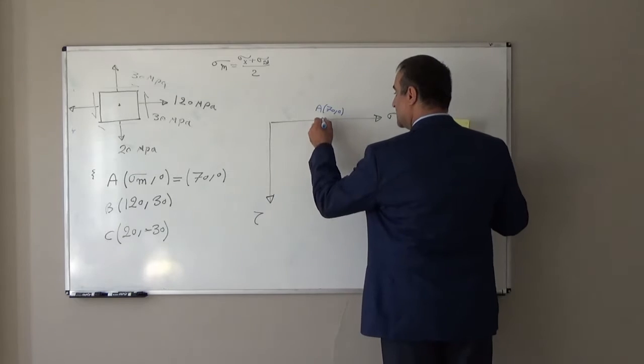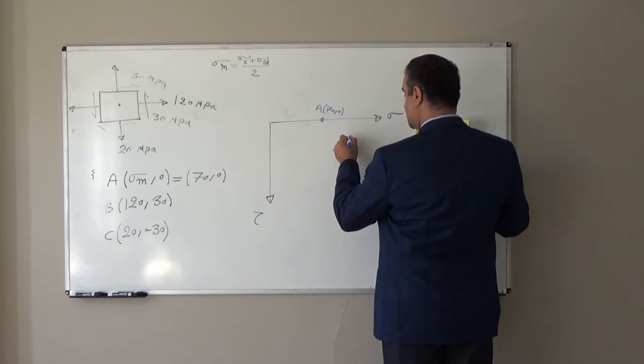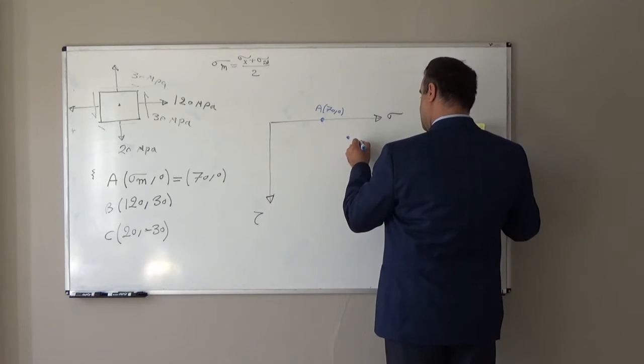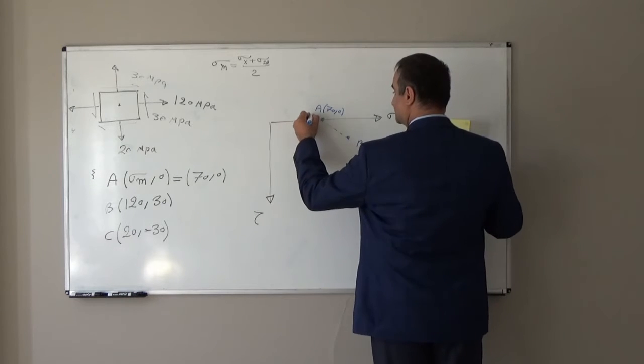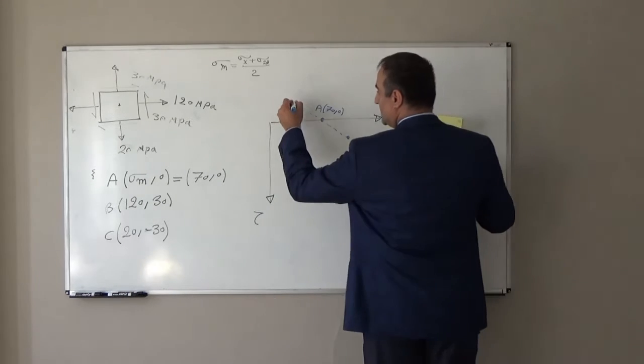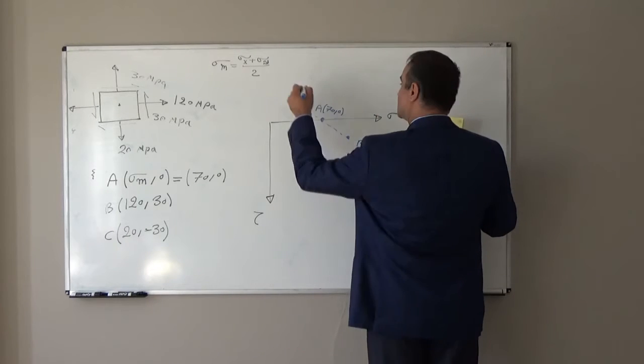Point B is 120 and 30, for example, this point. Point C will be 20 and negative 30.